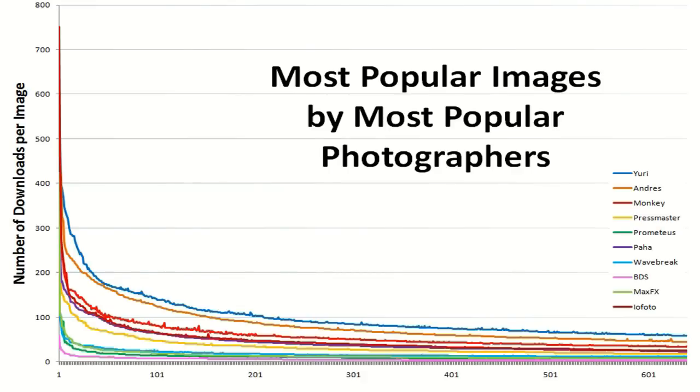You get much the same view if you take a look at the number of downloads per image across the top 600 images for the top 10 photographers on any agency. You'll see that there's a long tail distribution, with the increasingly successful photographers seeing a larger, wider head, and therefore a slower dip into the tail.